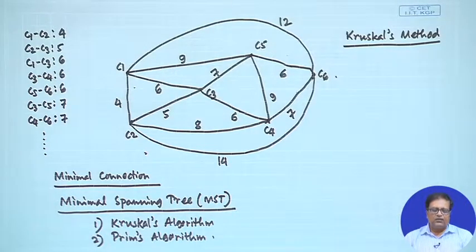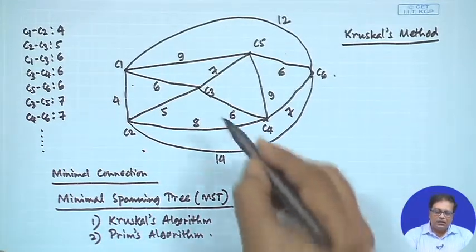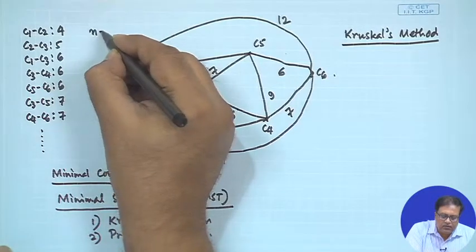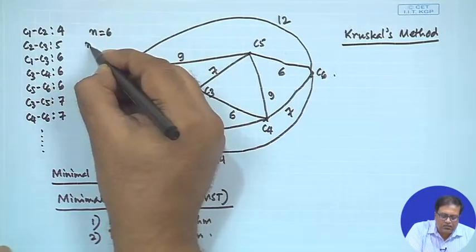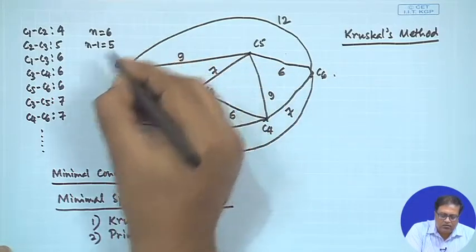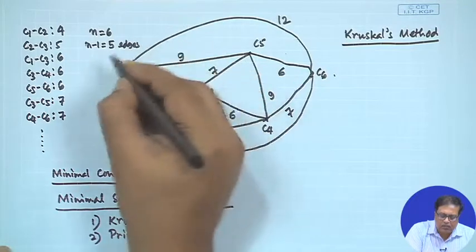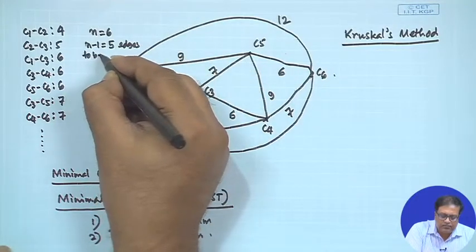So, we have chosen some 7, hopefully it is okay, because how many do we have to choose? Because here n equal to 6, so n minus 1 equal to 5. So, 5 edges to be chosen.